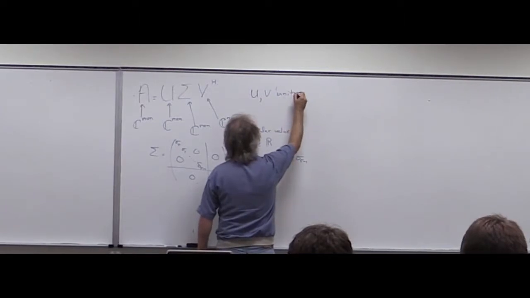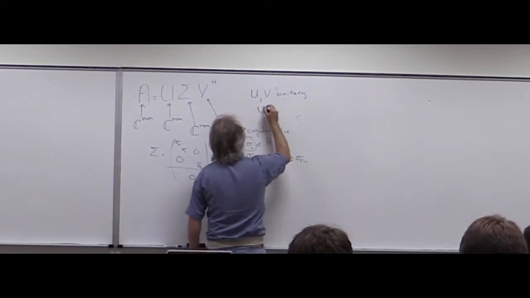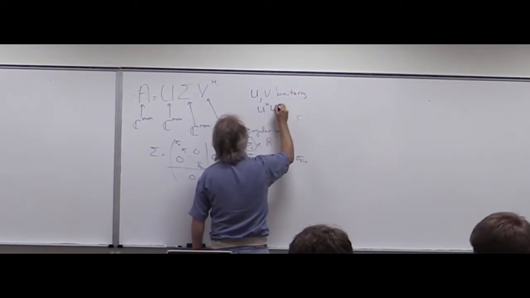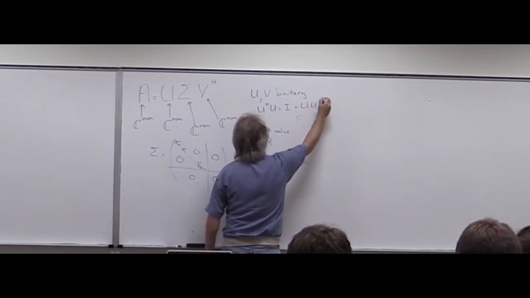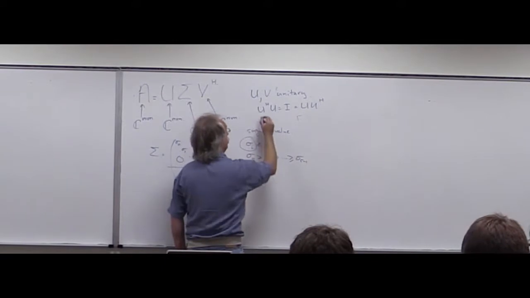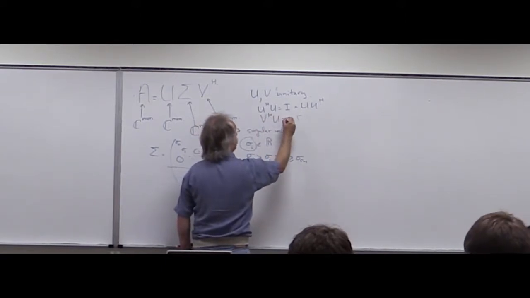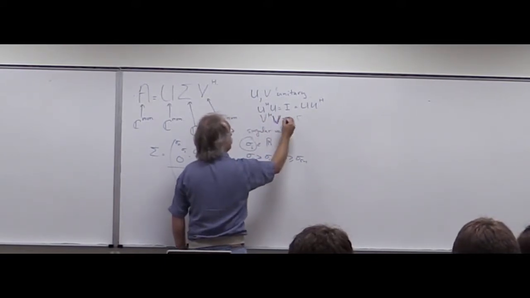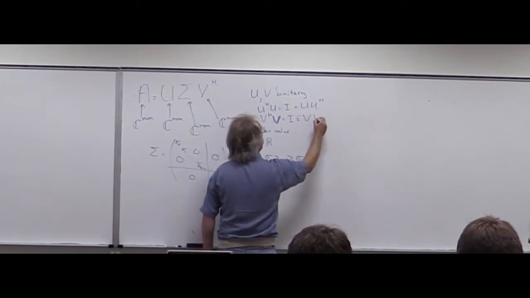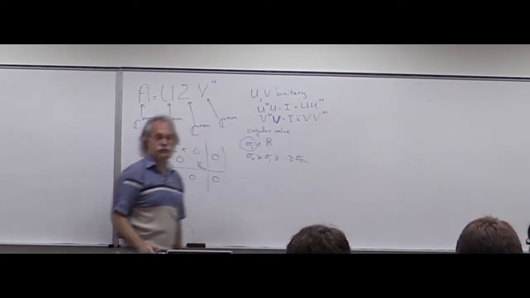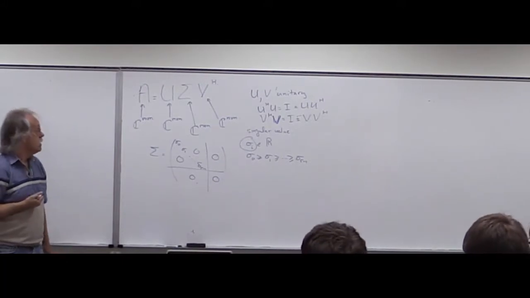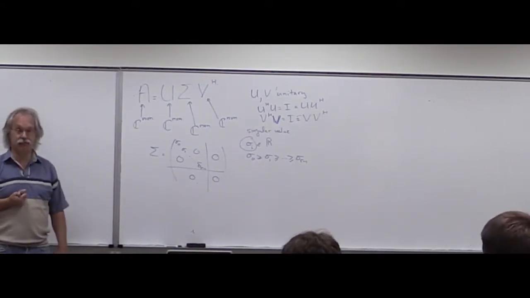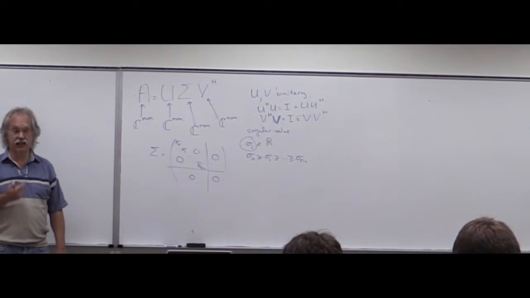Which means that U Hermitian U is the identity, which is also equal to U U Hermitian, because it's a square matrix, and V Hermitian V is the identity, which is that. Okay? That's a lot of stuff. Okay? And yes, this is just one of those things that you're going to have to imprint in your brain.